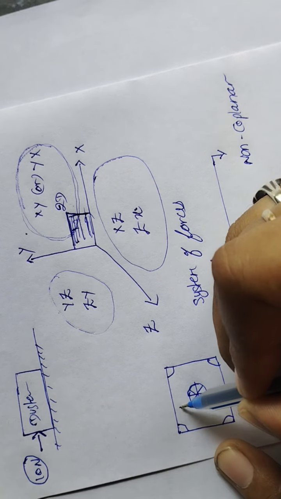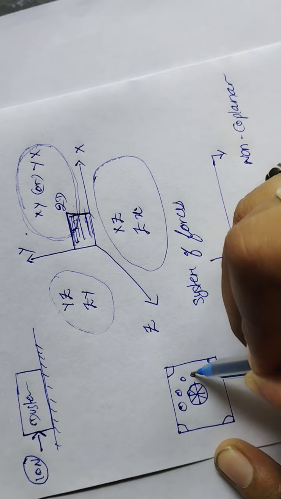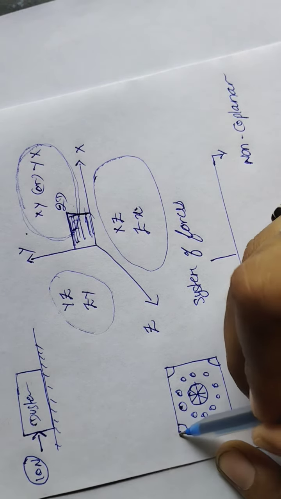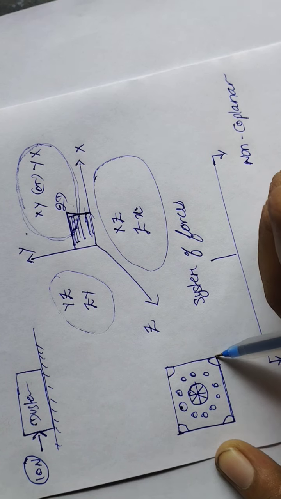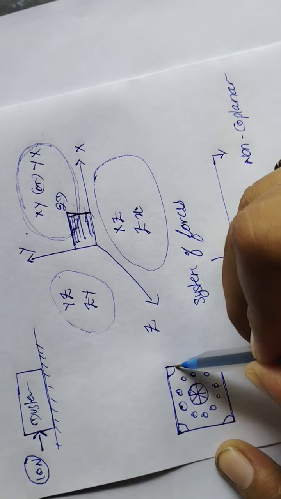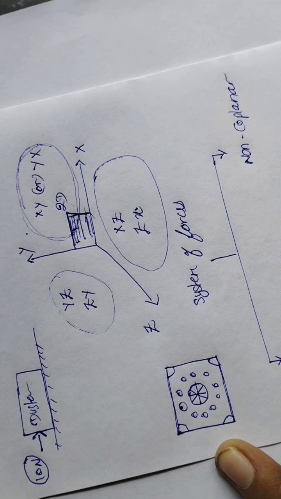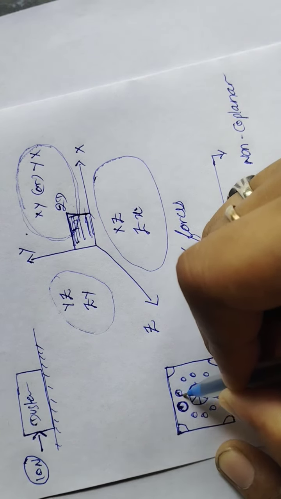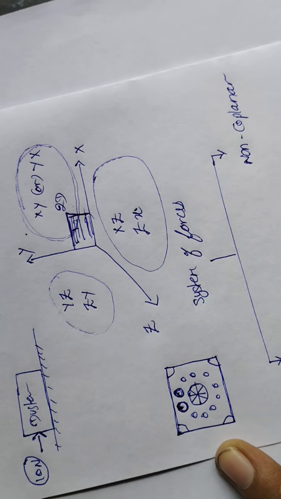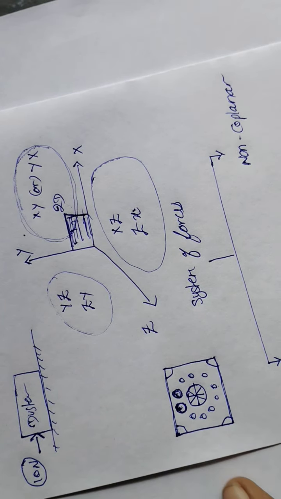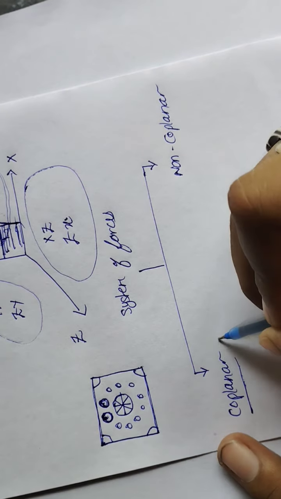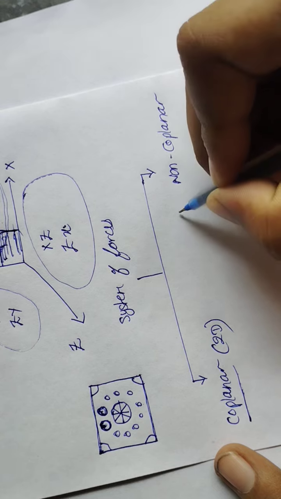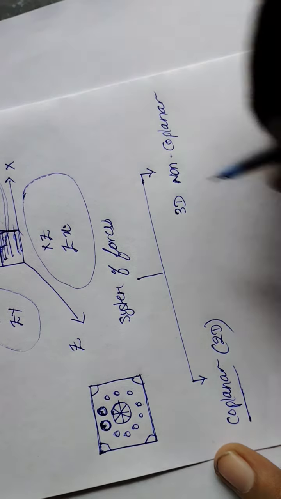All the coins on the carom board are in the same plane, that is, they are on only one carom board. So all the forces acting by this coin can be called coplanar. Or to be very simple, coplanar is nothing but two-dimensional, and non-coplanar is nothing but three-dimensional.